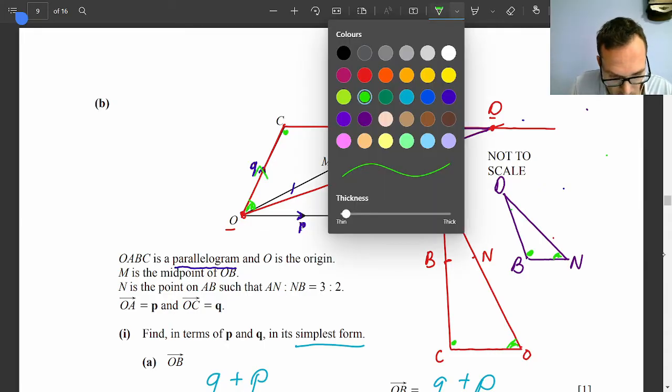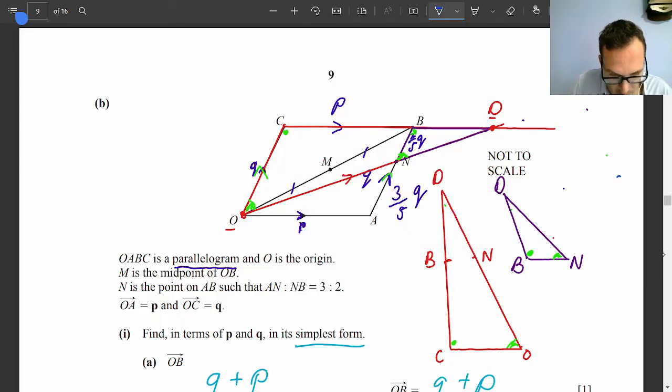What else do we know? So we know that BN, this one here, is 2/5 of Q. That means Q was going from O to C. That is Q. Okay, so the smaller triangle is 2/5 of the bigger triangle. You're following.